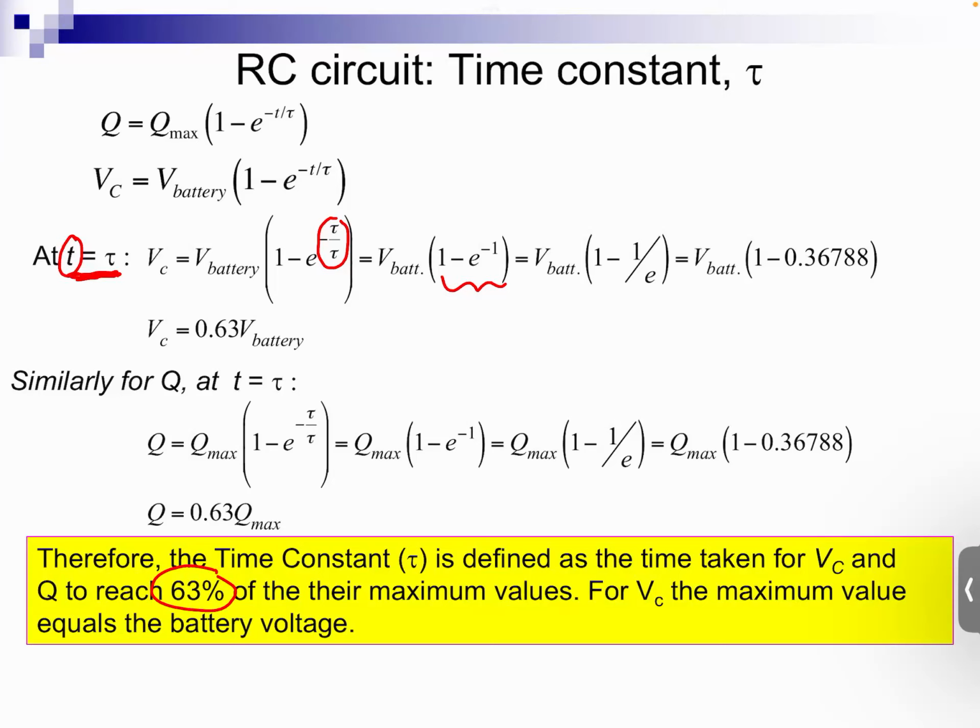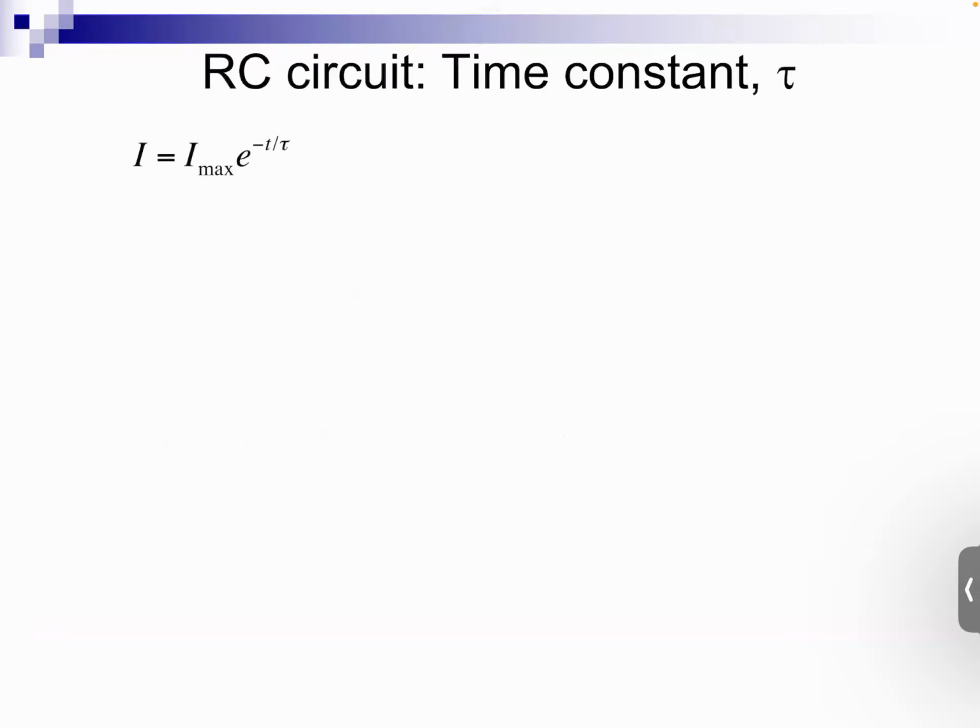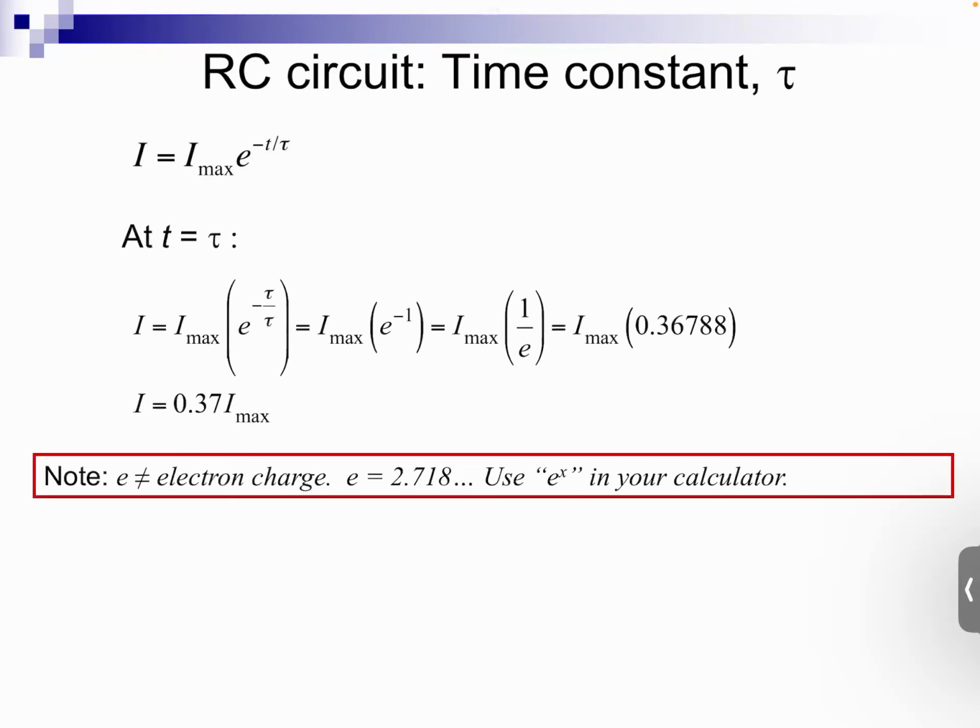Okay, if we do the same exercise for the current, here's the current equation. This is how the current decreases over time as you charge up your capacitor. If you try to determine the current in your circuit at time t equal to the time constant tau, and you substitute t here with tau, you have tau divided by tau, that's just equal to 1. Hence you have e to the -1, or 1 over e. 1 over e is 0.36788.